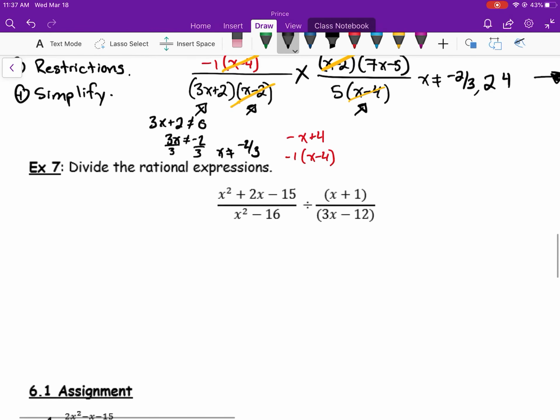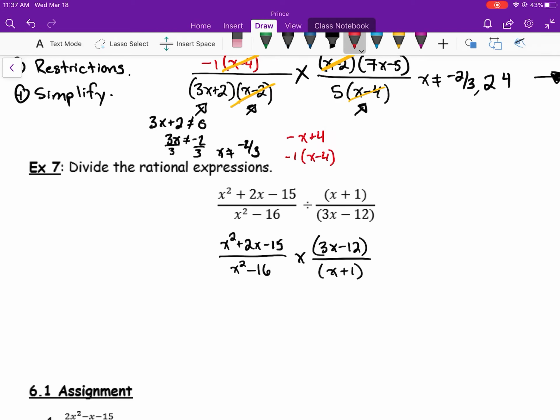So I got another example. Okay, so we'll do x squared plus 2x minus 15. I'm just going to flip first and then factor everything. Multiply 3x minus 12 over x plus 1.